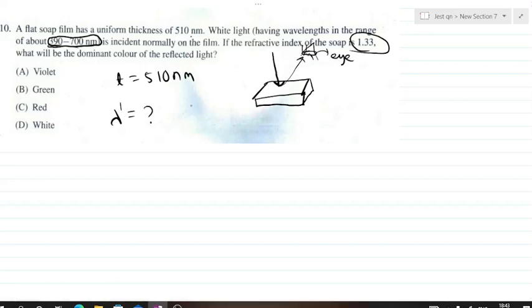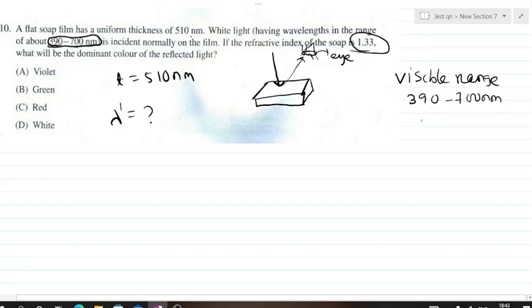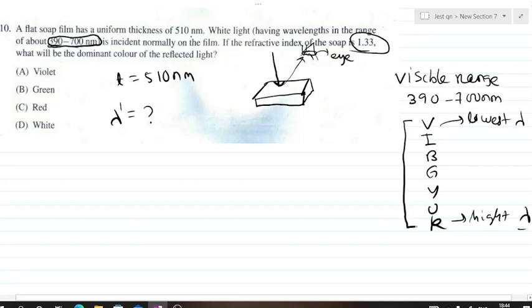As we know, in case of white light, the wavelength ranges from 390 to 700 nanometer, that is the visible range. According to VIBGYOR, this is the lowest wavelength and this is the highest wavelength. So you have to find the reflected rays of which color.